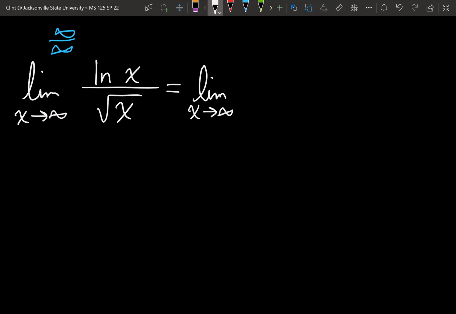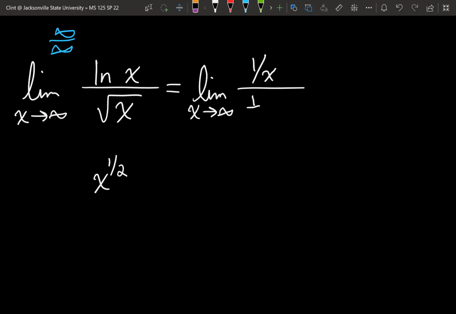Okay. Derivative of the top, we've seen it plenty of times today. 1 over x. The bottom, it's easier to think about it as x to the 1/2. Okay. So what's the derivative of the bottom going to be? Yeah.